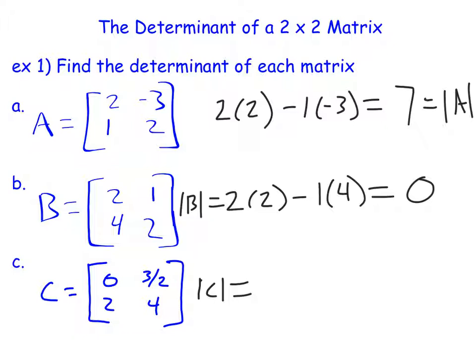All right, so now I'm talking about the determinant of C, which would be 0 times 4 minus 3 over 2 times 2. And there we go. So one other thing to see there, determinants can be negative numbers. They can be positive, they can be 0, they can be negative.